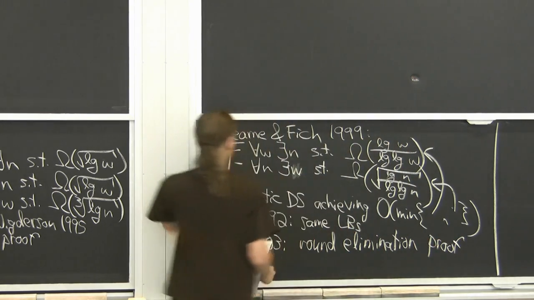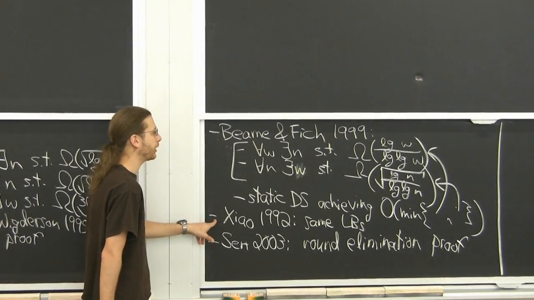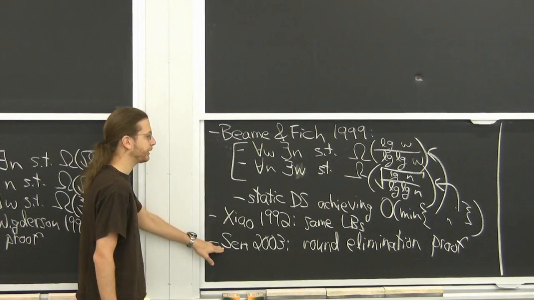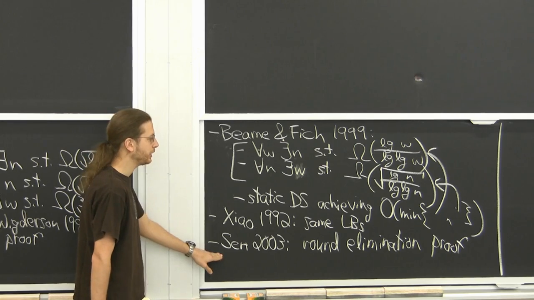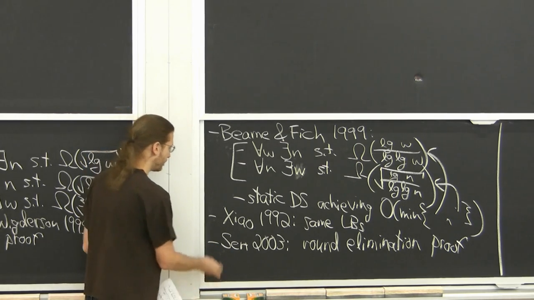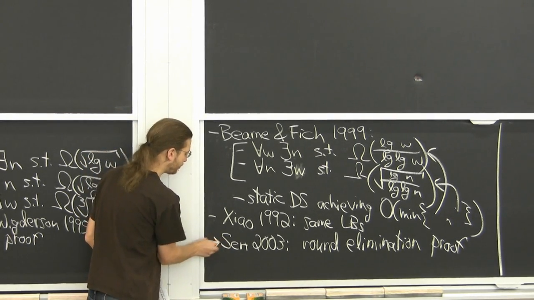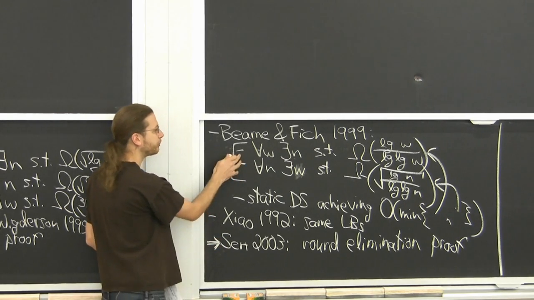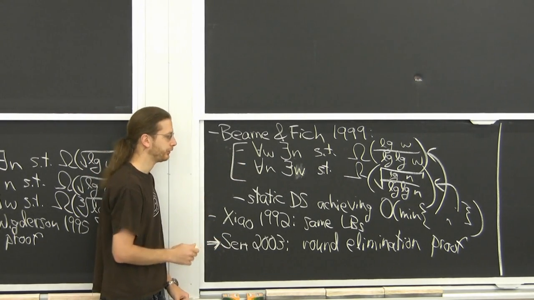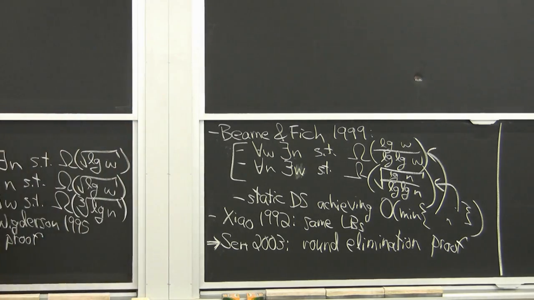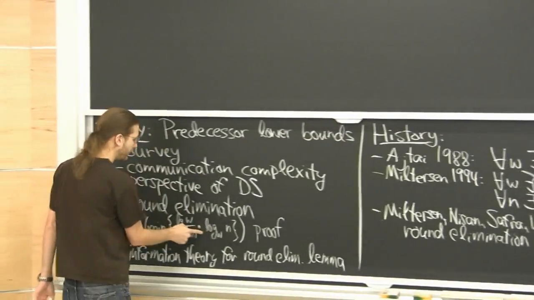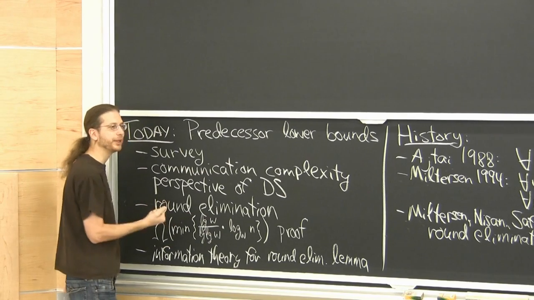And whereas both the Beame and Fich and the Xiao proofs are messy, this round elimination proof is very slick and clean, and this is the proof we're going to cover today. It will imply these pure w and n lower bounds, but it will, in some sense, prove in a stronger way this bound, which is a real min thing.